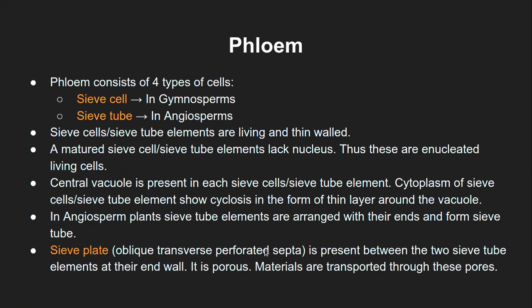Again, same as in the tracheids, there was a transverse septum between the two individual cells, and these are also perforated. That means they are porous in nature, and they are present between two sieve tube elements at their end wall.